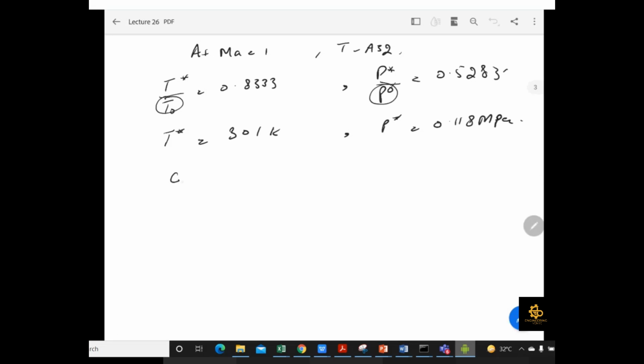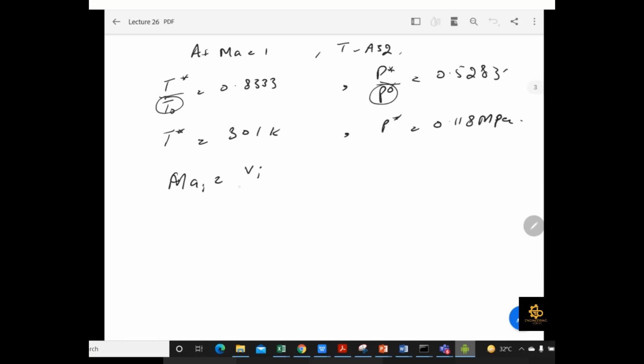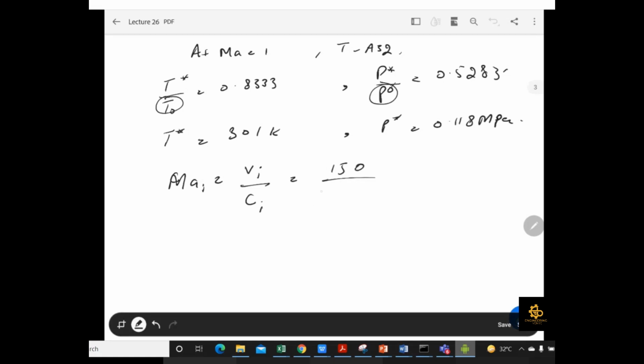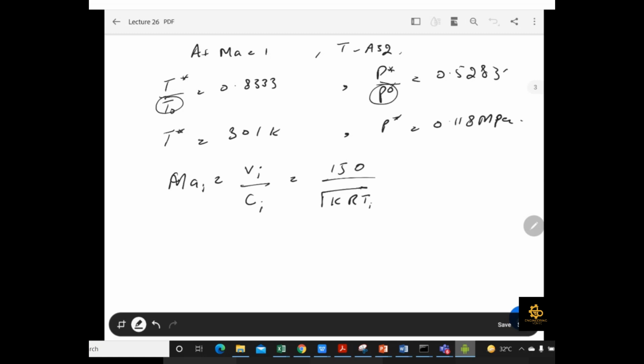The Mach number at the inlet is equal to V initial over the speed of sound at the inlet. 150 meter per second is given in the question, and the speed of sound is the square root of kRT, where we have to use the inlet temperature Ti because we are finding the speed of sound at the inlet.